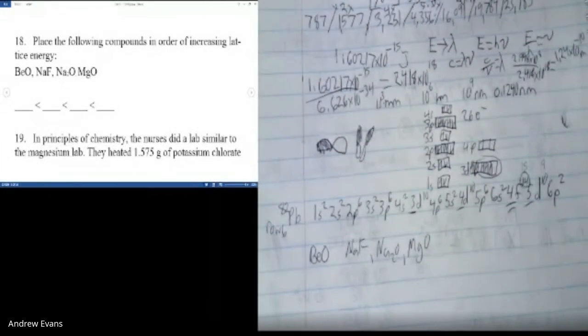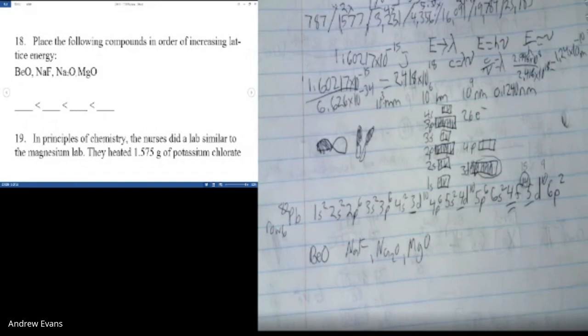followed by Na2O. And the next one is going to be one of these two, because essentially we double it, and then we quadruple it. But we have to look at the size. Magnesium is row 3. Beryllium is row 2.